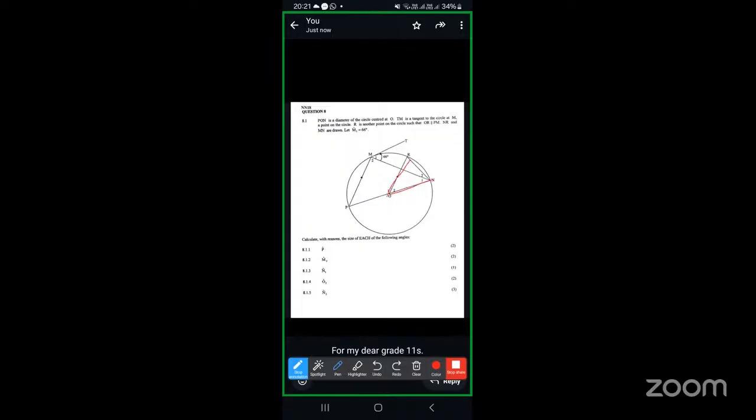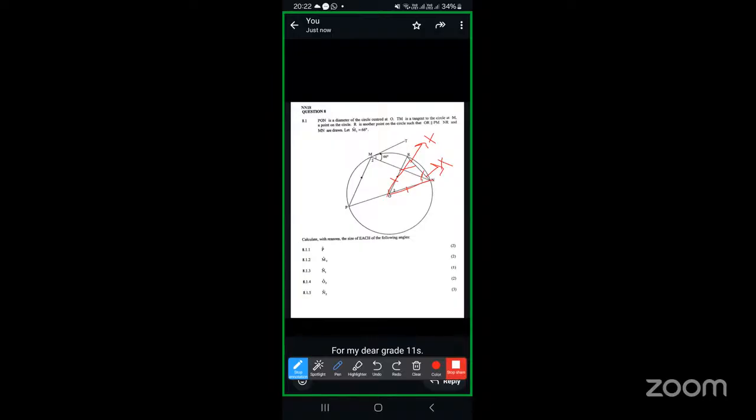This implies that these lines are equal, reason being radii. Then this angle is going to be equal to that angle. Meaning, if we let this angle be x, this too will be x, because they are angles opposite equal sides.